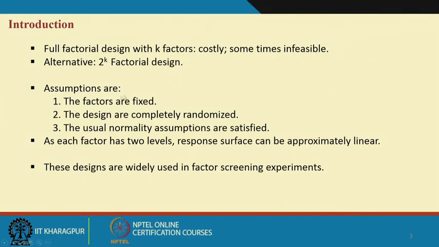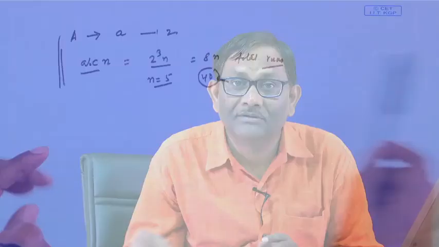The factors are fixed, the designs are completely randomized, and the usual normality assumptions are satisfied. As each factor has two levels, the response surface can be approximately linear. If it is not, then what will happen? In between, you will not be able to estimate the nonlinearity.